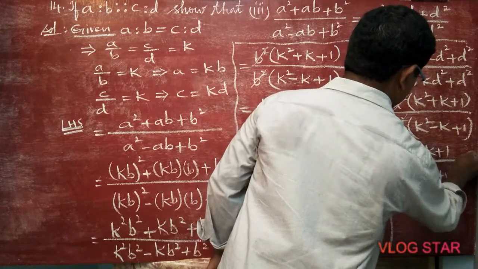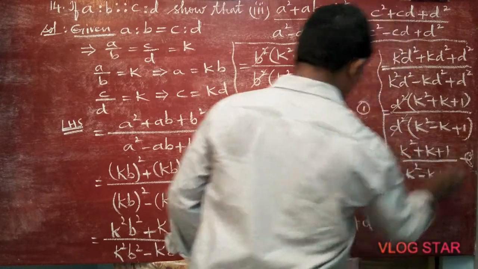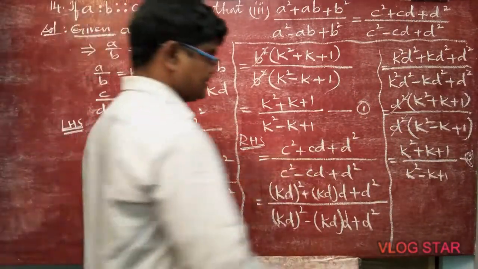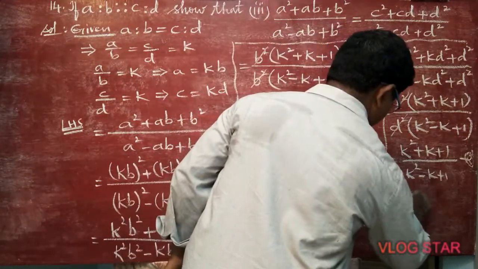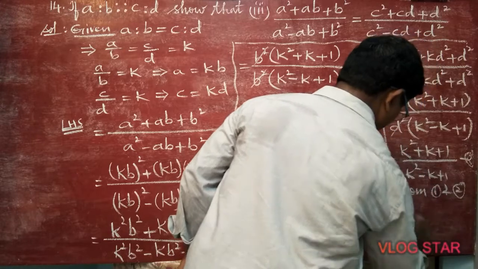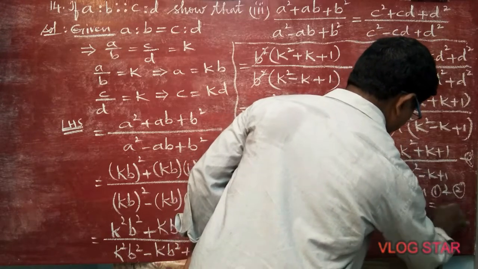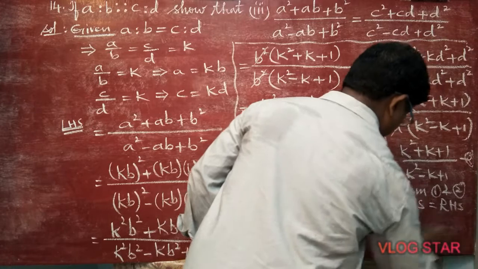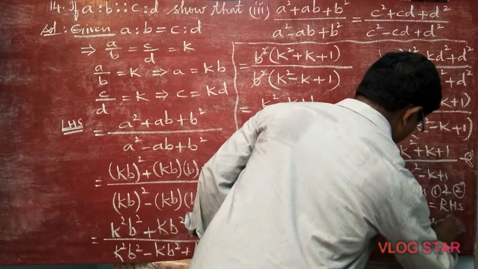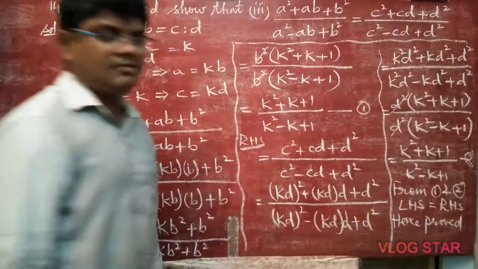This is equation number 2. First answer, second answer, left hand side, right hand side, same answer. So from 1 and 2, LHS is equal to RHS, hence proved. This is the way of solving.